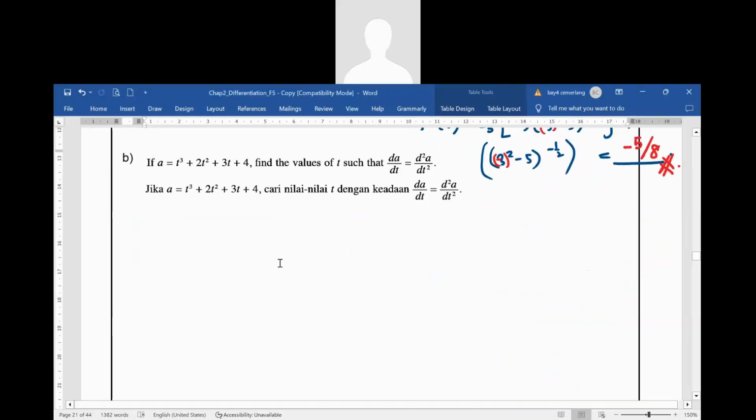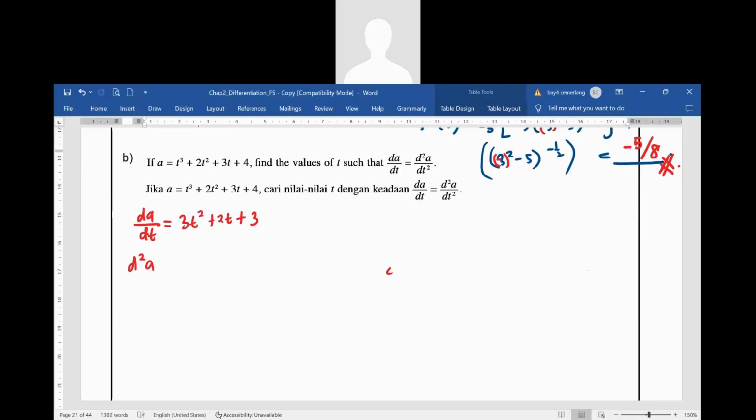Question B, dia bagi A, find the value of t such that this condition holds. Okay, dA dengan dt, kita kena cari dulu dA dt. dA dt is you differentiate A with respect to t, maksudnya 3t square plus 2t plus 3.